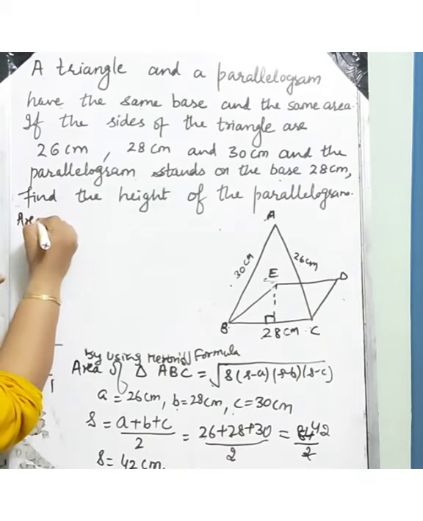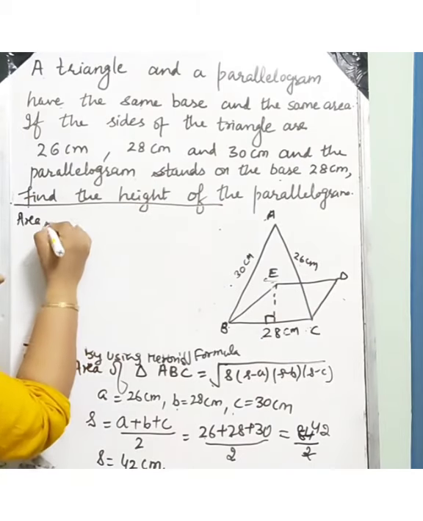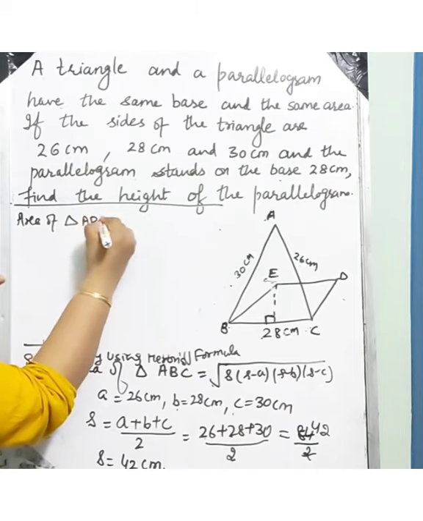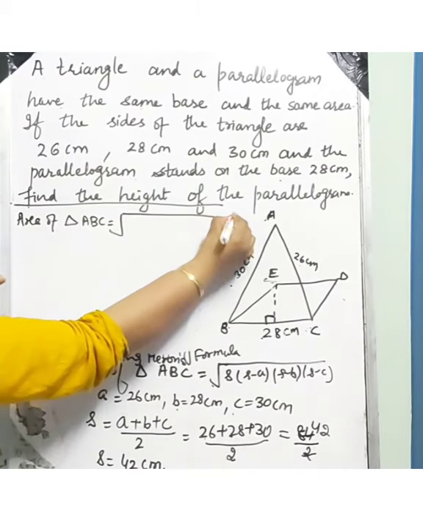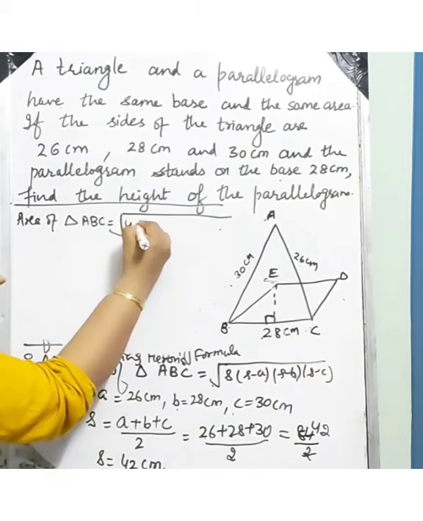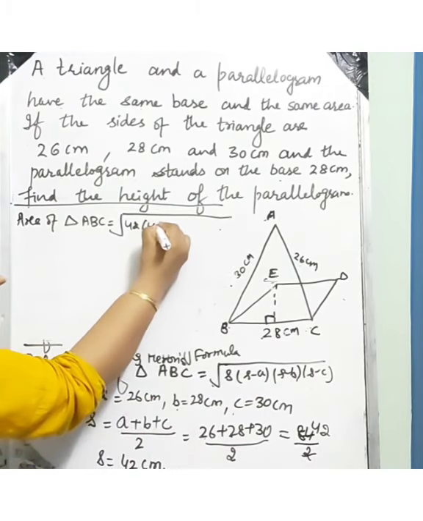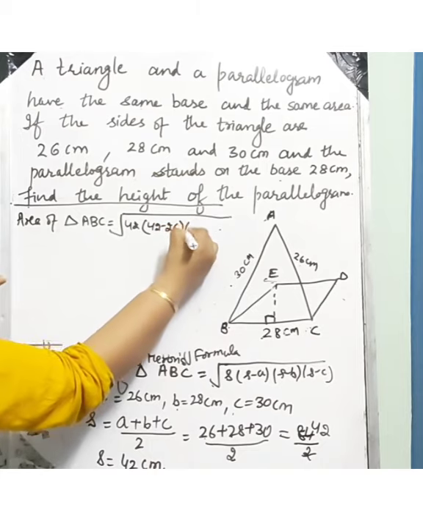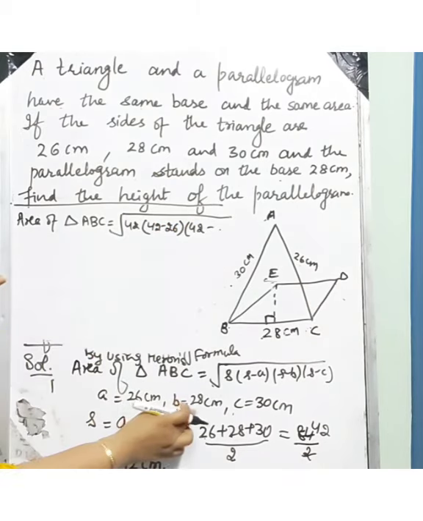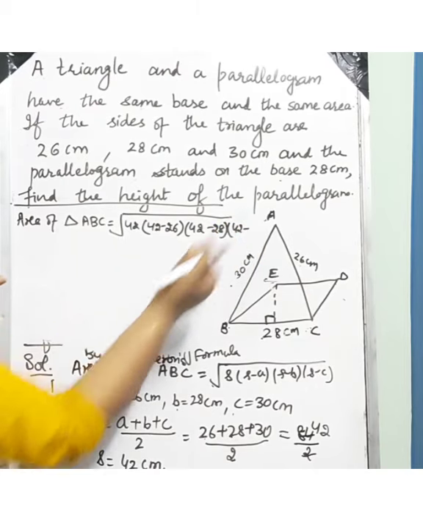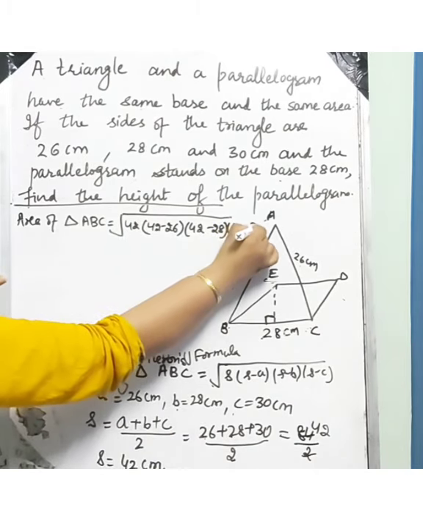Area of triangle ABC is equal to under root 42 into 42 minus 26, 42 minus 28, 42 minus 30.